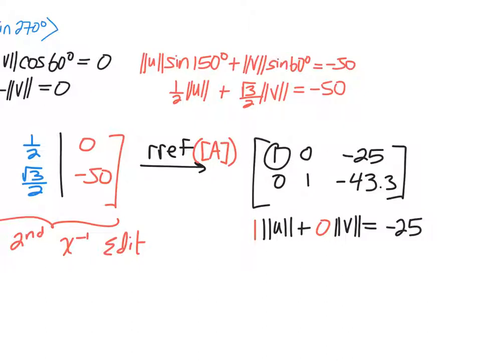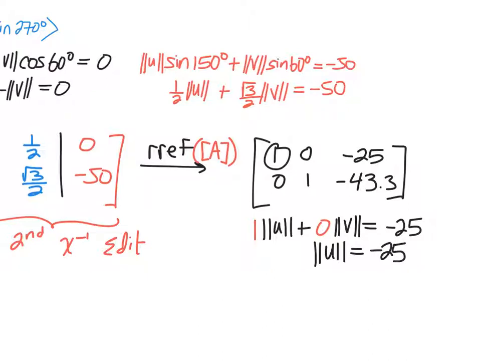What it did was simplify our equations in such a way that one of the variables has a coefficient of 0, which allows it to zero out. The other one has a coefficient of 1. So it makes up what we call the identity matrix, not that you need to know that. But it boils down to the magnitude of u being equal to -25.